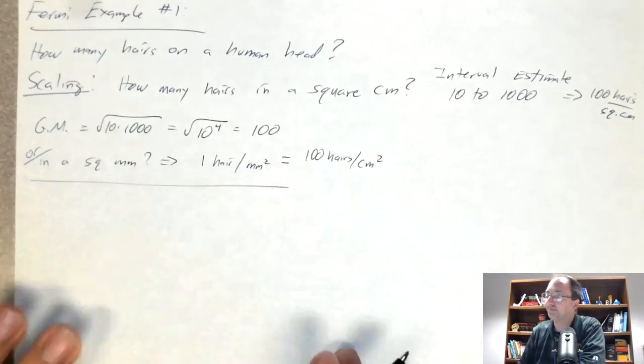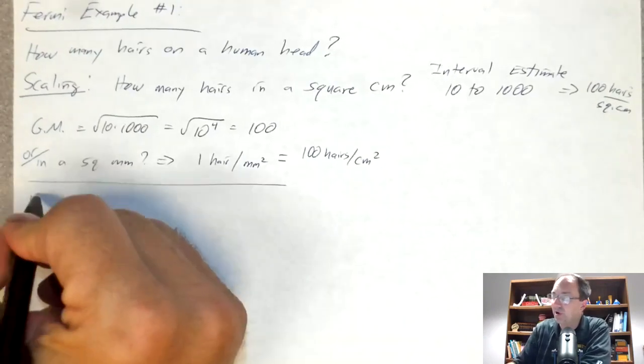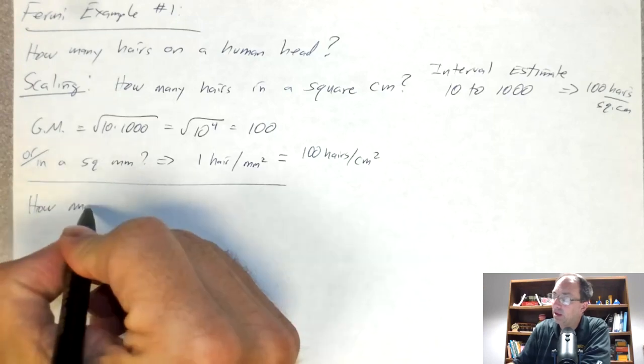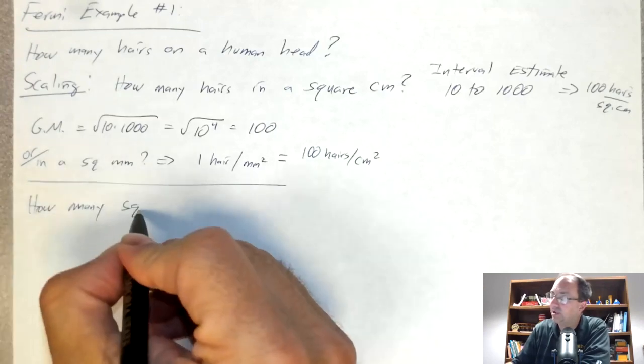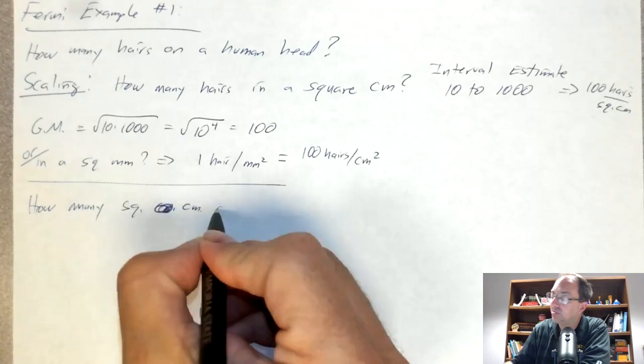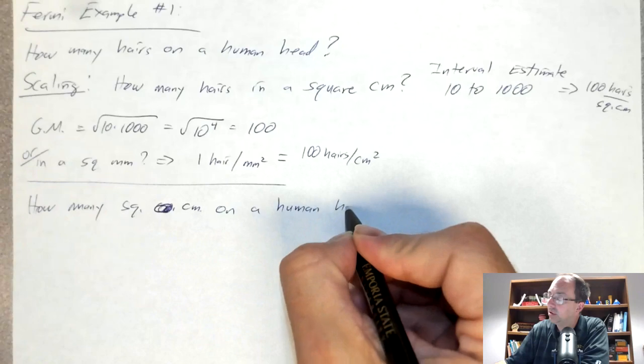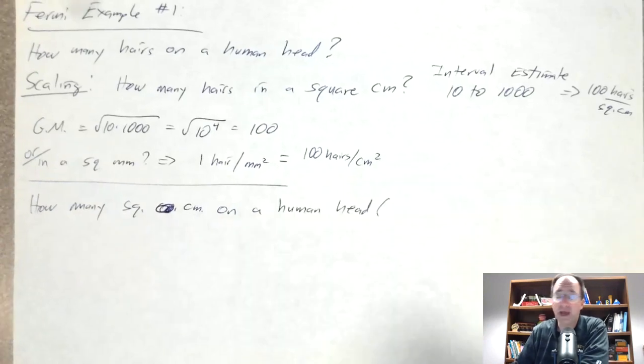So let's do that. So now our question has been reduced to the following. How many square centimeters on a human head? At least on the part that has hair.